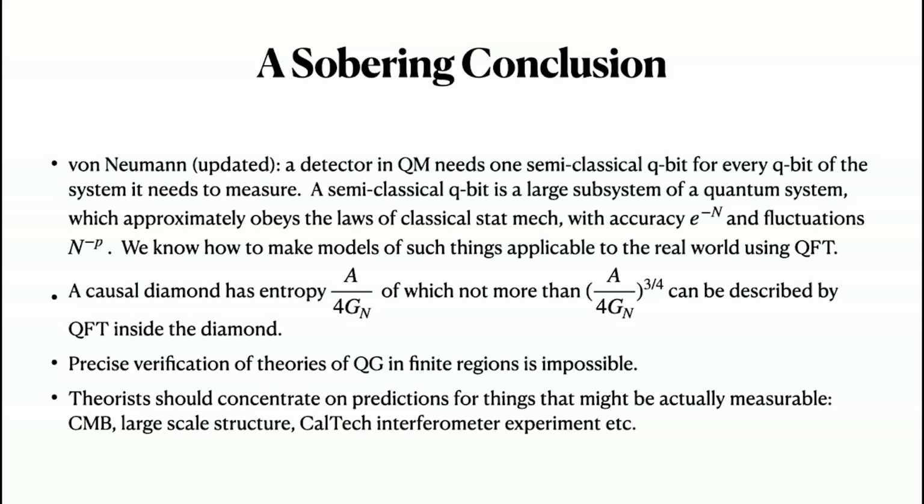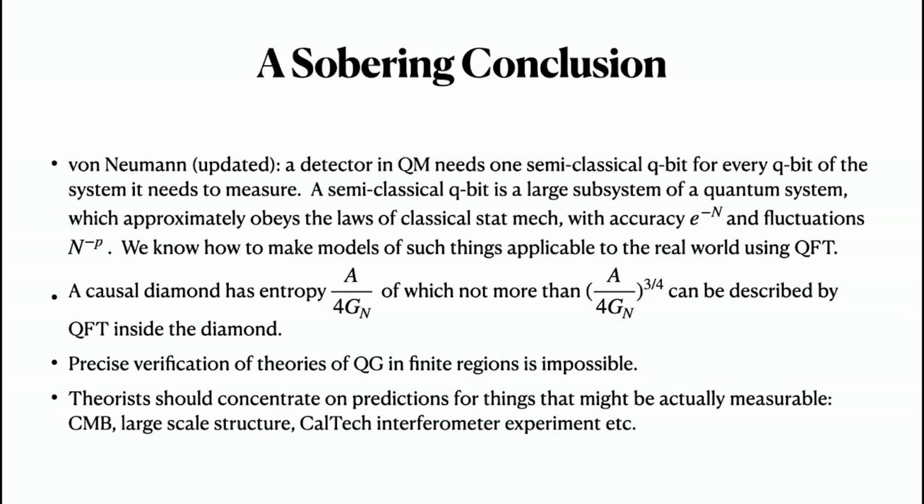And so whatever theory we make, we're never going to be able to test it with complete accuracy, even if the real theory is finite dimensional, okay? Because the only way we know how to make mathematical theories of detectors with all these moving parts that have semi-classical qubits is using quantum field theory.